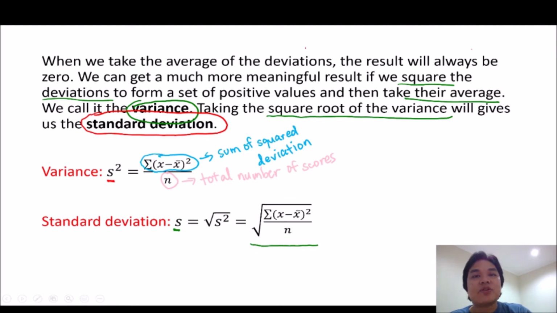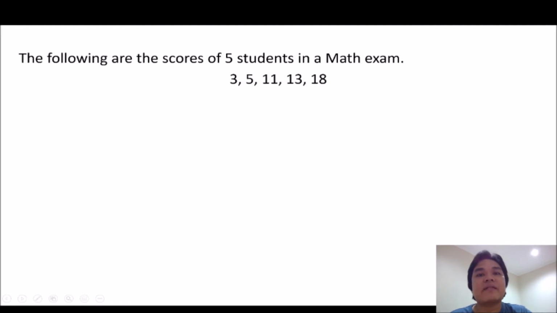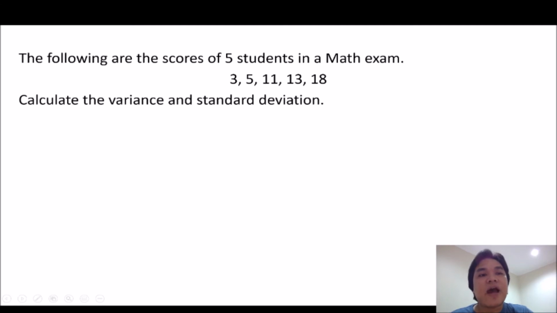Okay, let me show you a step-by-step guide on how to compute the variance and standard deviation. Suppose we have the scores of 5 students in a math exam: 3, 5, 11, 13, and 18. To calculate the variance and standard deviation, the first step is to calculate the mean.